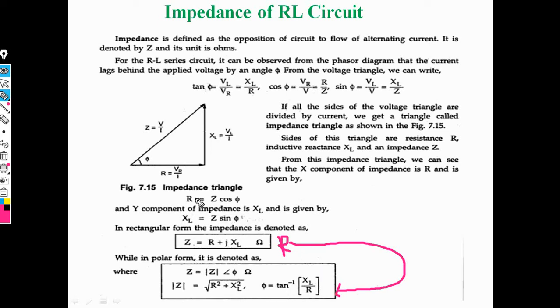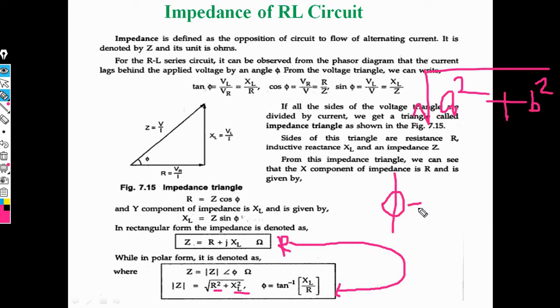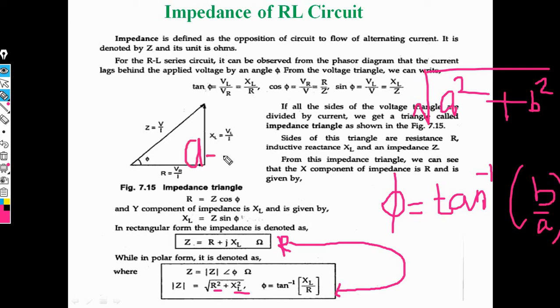That is, R is square root of A square plus B square, and phi is equal to tan inverse of B upon A. That is, we convert A plus jB.